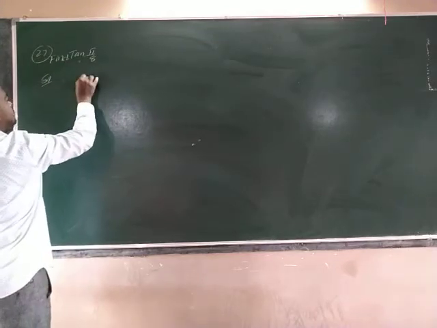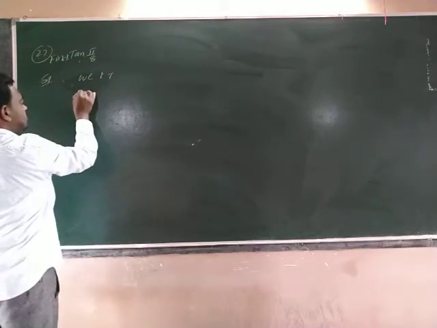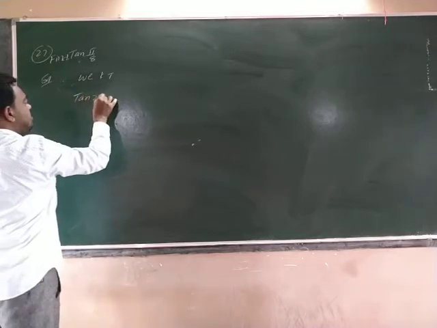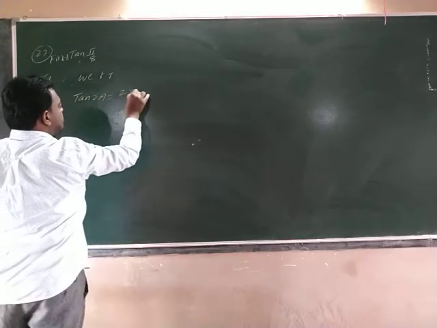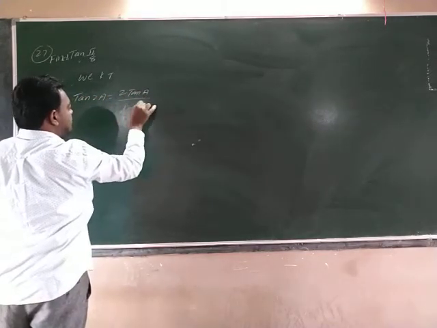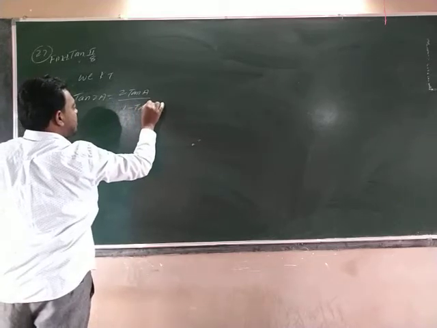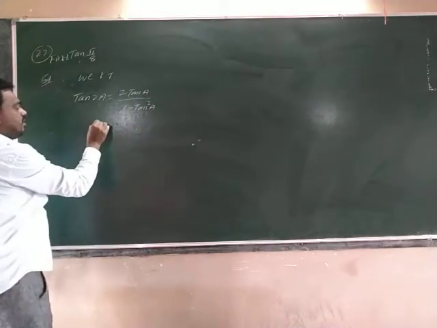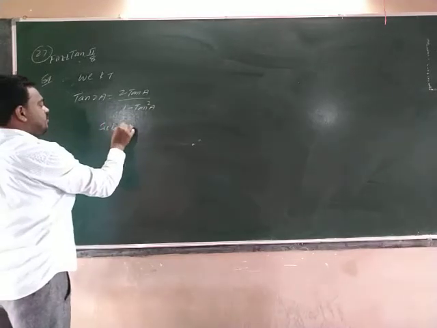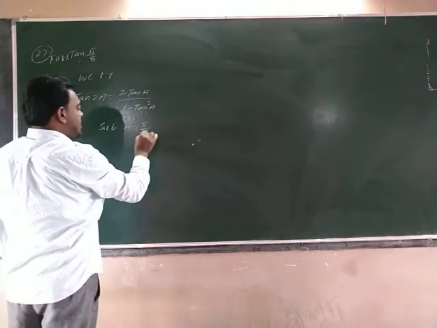We know that tan 2a is equal to what? 2 tan a by 1 minus tan square a, right? Now substitute a is equal to pi by 8.